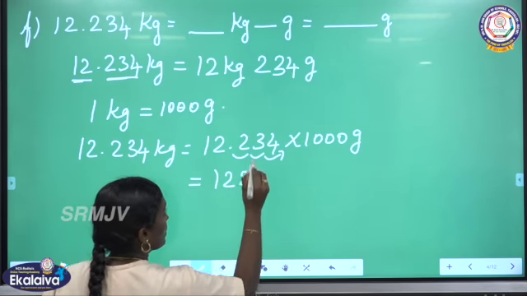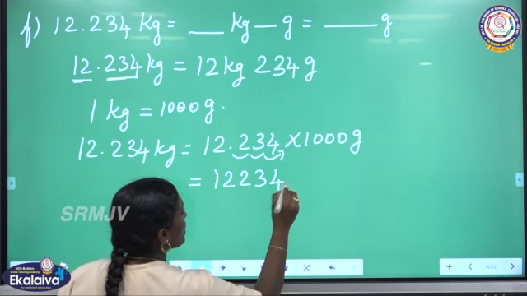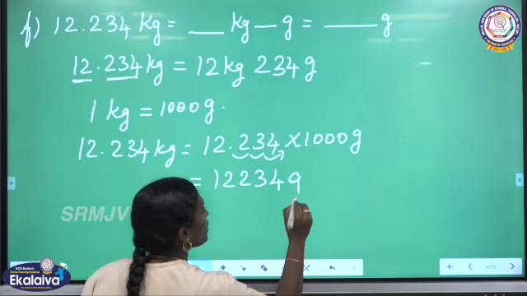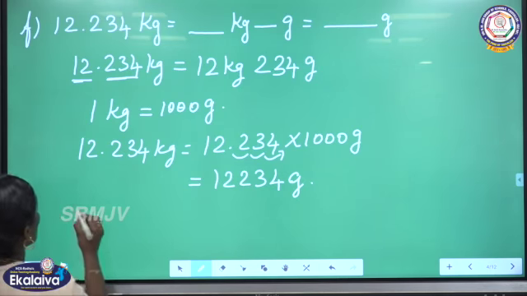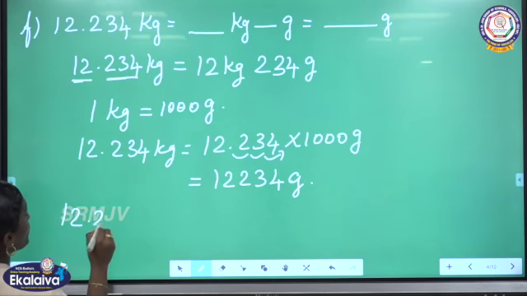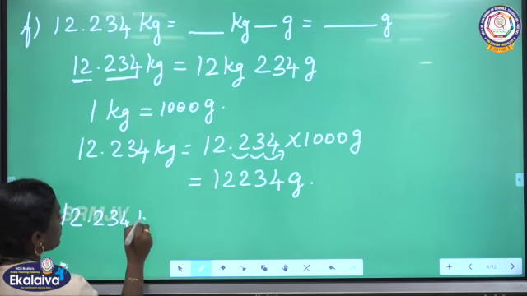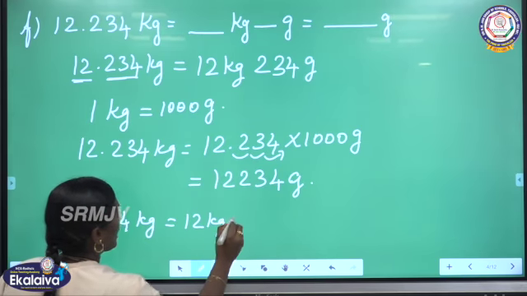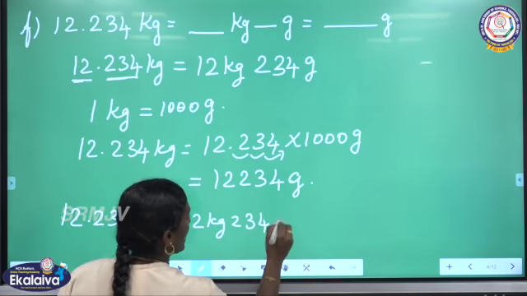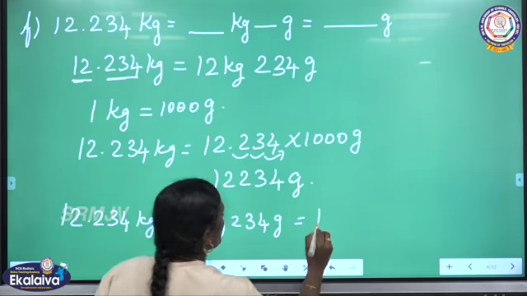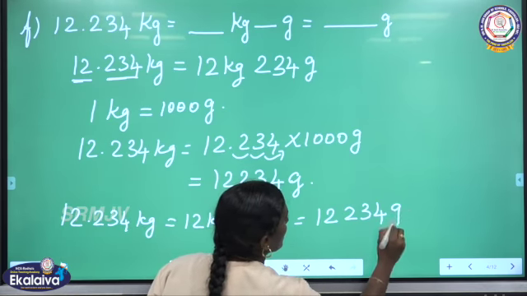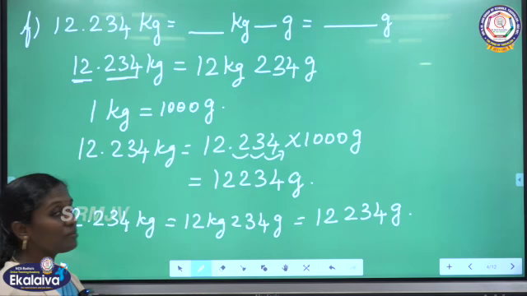Then the whole decimal number will become a whole number, 12,234 gram. So 12.234 kilogram is equal to 12 kilogram and 234 gram, which is equal to 12,234 gram. Is it clear, children?